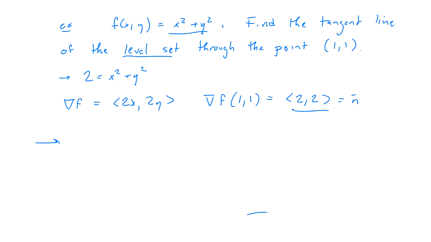So the idea is pretty much like a tangent anything, which is we use that to get the coefficients. So pretty much the same way we get the tangent of just a plane. Once we have a normal, we write it like that. And the only reason that this is a tangent line as opposed to a tangent plane is that it's 2 dimensions.